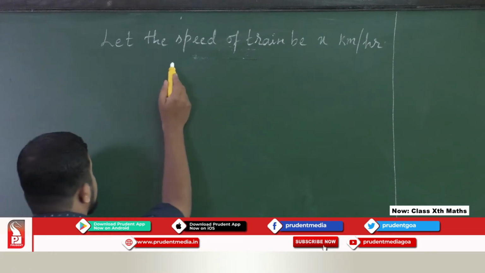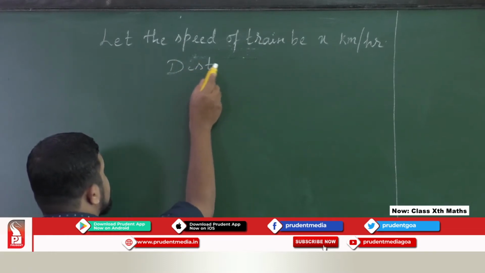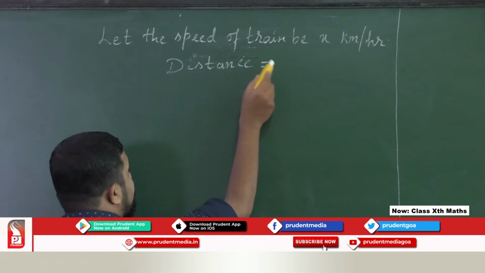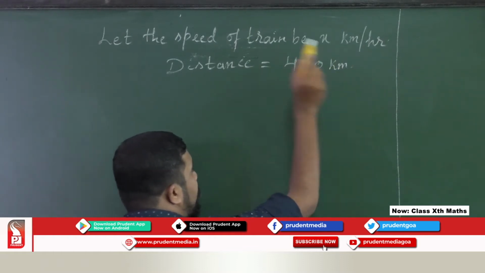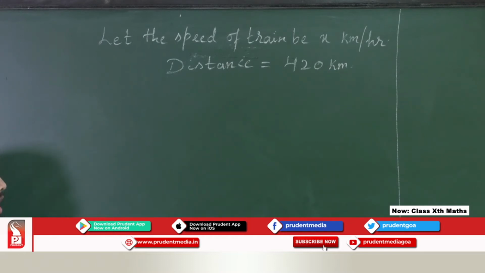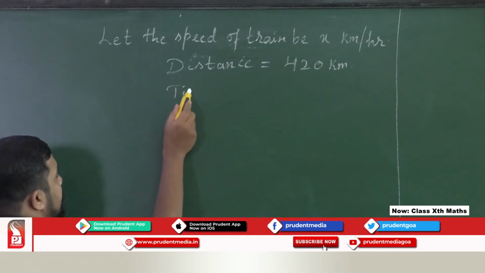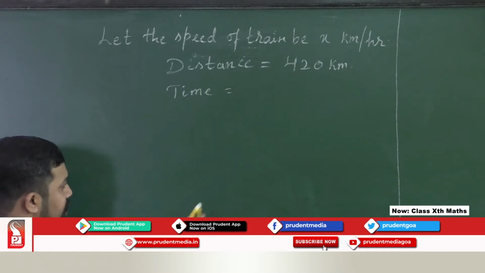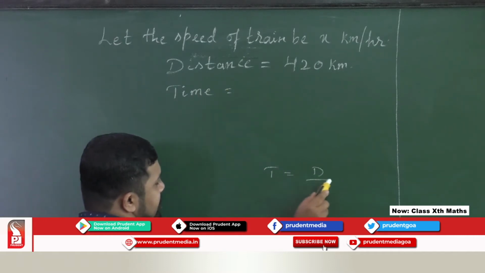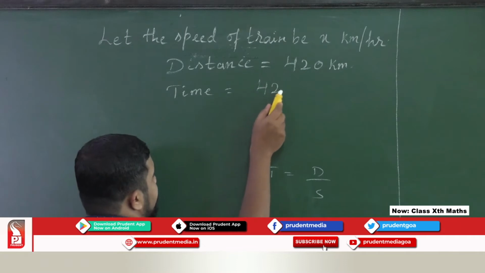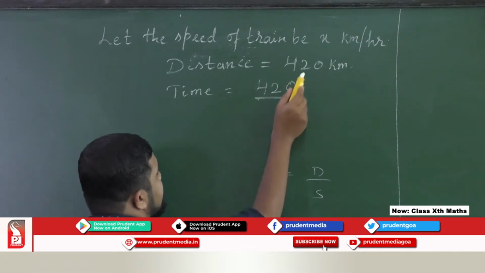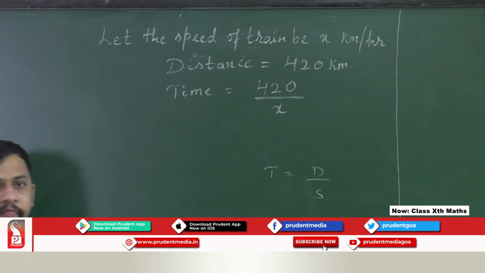Distance was given, 420 kilometer. Now what I want is time, and we know the formula of time was distance by speed. In the previous slide we have seen the formula of time was distance by speed. So distance is 420 and speed is x. So I got my first expression, that is 420 by x.